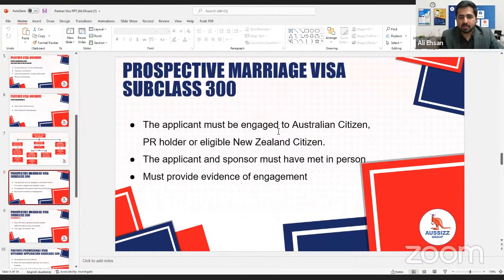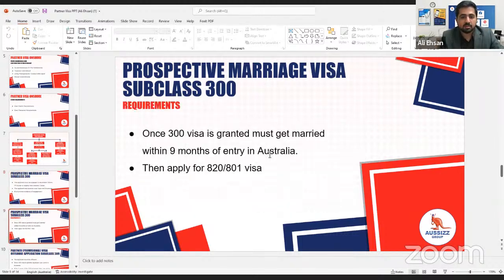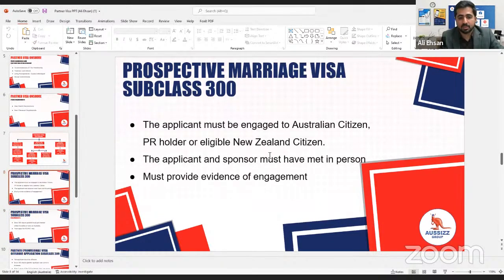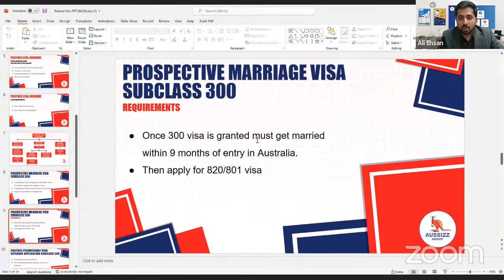Now, I'll quickly go through the requirements for each, prospective and offshore. For prospective marriage, as I said, the applicant must be engaged to an Australian citizen, permanent visa holder, or eligible New Zealand citizen. Also, the applicant and sponsor must have met in person, and they have to provide evidence of engagement. As I told you earlier, once the 300 visa is granted, they must get married within 9 months of entry to Australia and then apply for the 820-801 visa.